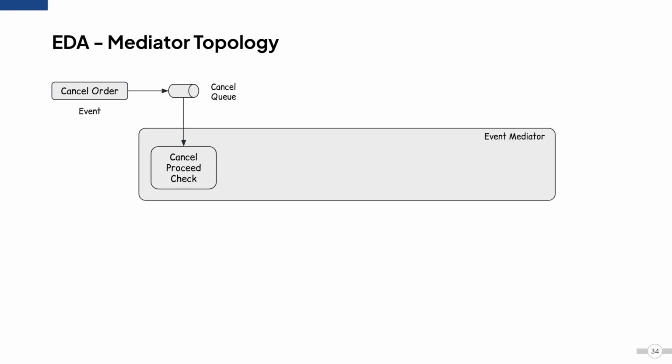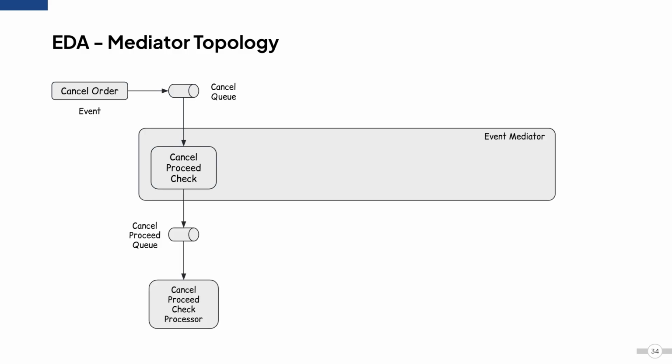And one of the topologies that you see in event-driven architecture is something called mediator topology, where let's say on the e-commerce side, you cancel an order, that gets into a cancel queue, and then you see a scenario where the cancellation can proceed. So you need to check whether that can be done.